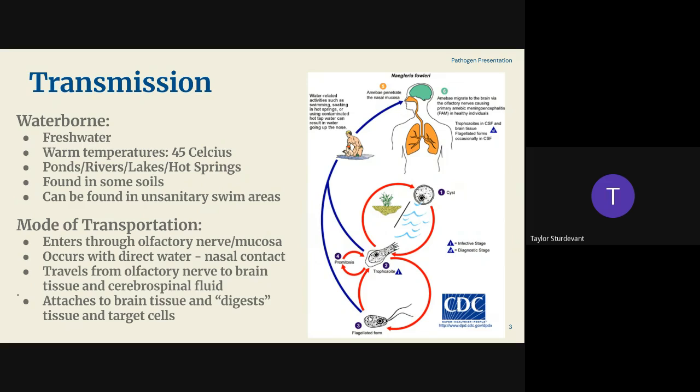Again, you still have to be at the 45 degrees Celsius. And it actually can be found in some unsanitary swimming areas. This is going to be like warm splash pads, man-made swimming holes, all of which are going to be unchlorinated or not chemically treated to kill specifically N. fowleri. There's other protozoas and stuff.